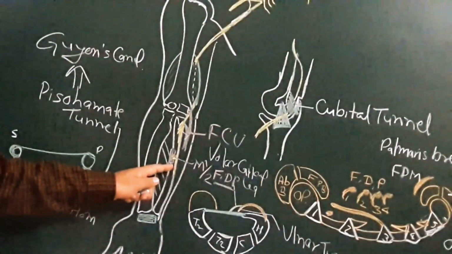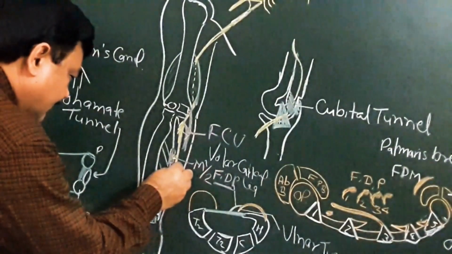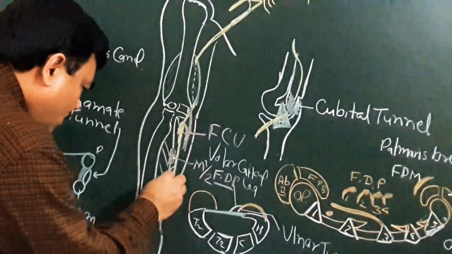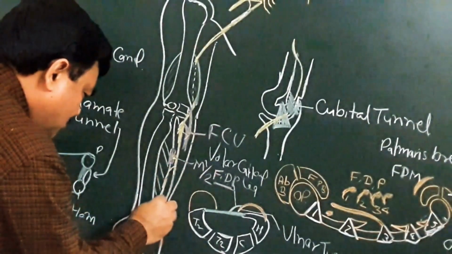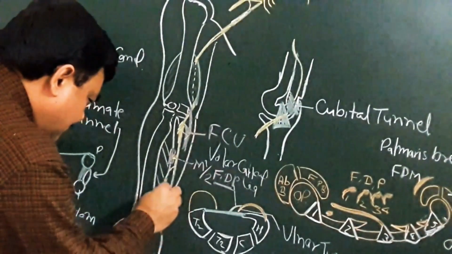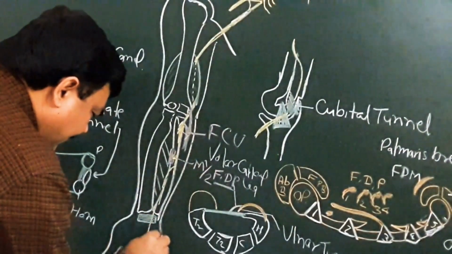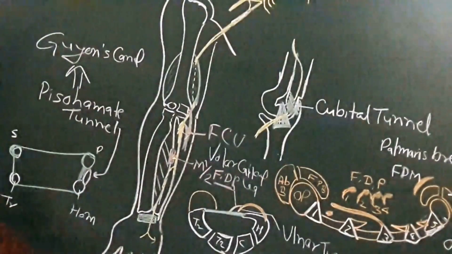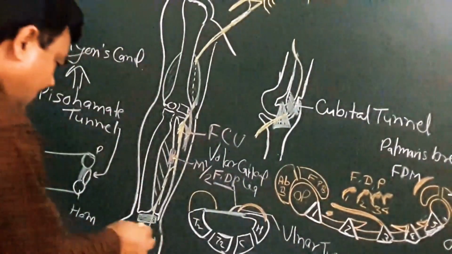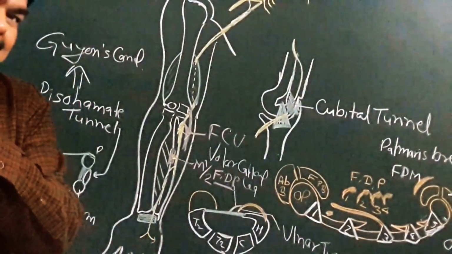About the middle of the forearm, it gives a branch that is known as the palmar cutaneous branch, which passes superficial to this. It gives supply to the skin over the hypothenar eminence and the medial 1/3 of this concavity of the palm.